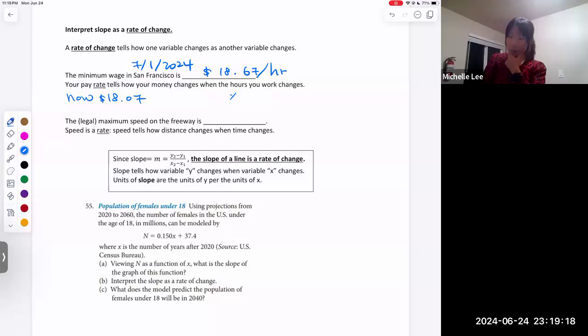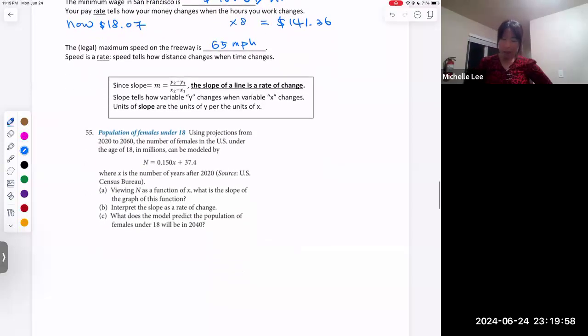If we multiply by 8, just for your reference, that's $141.36. Okay, the legal maximum speed on the freeway is, I don't know, 65 miles per hour. So speed is a rate. Speed tells how distance changes when time changes. So we have a slope there. We talked earlier, right? The slope of a line is the rate of change.